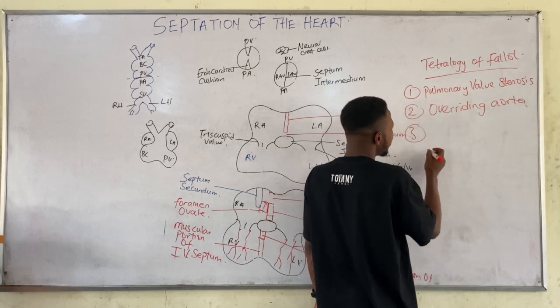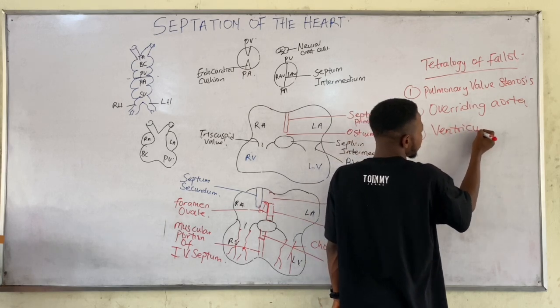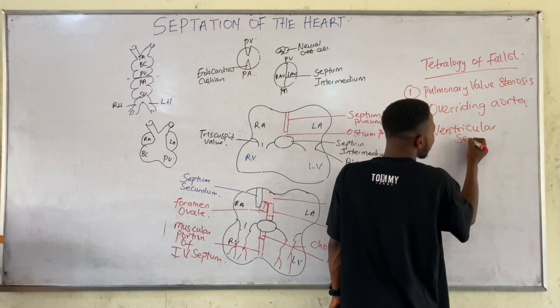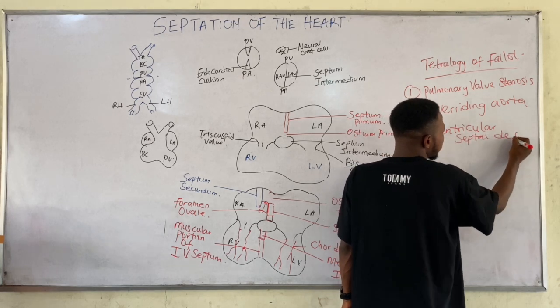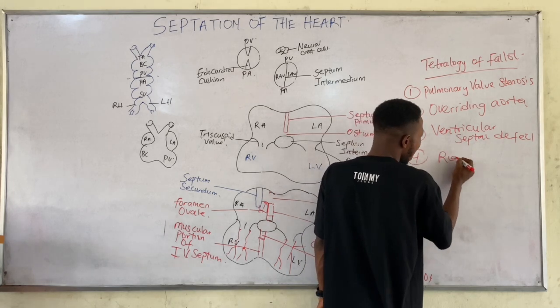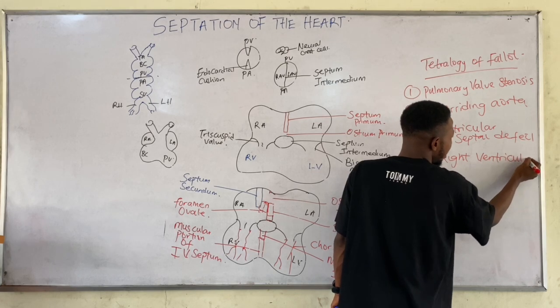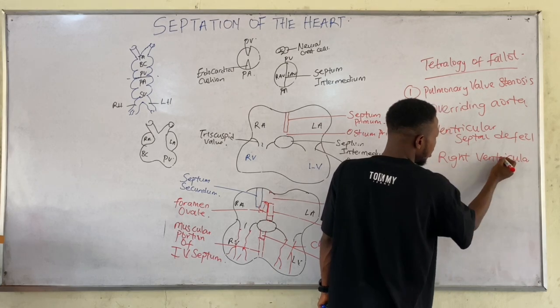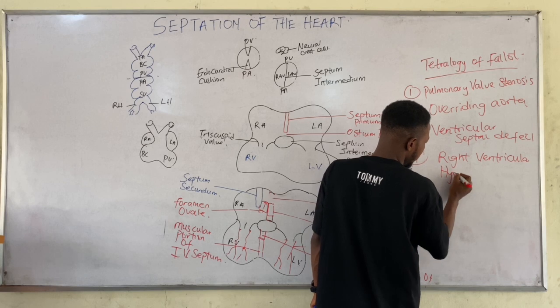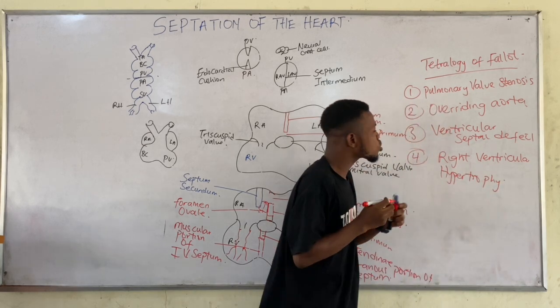Number 3 is the ventricular septal defect. And the last of the tetralogy of Fallot is what? Right ventricular hypertrophy. Now let's take it one by one.